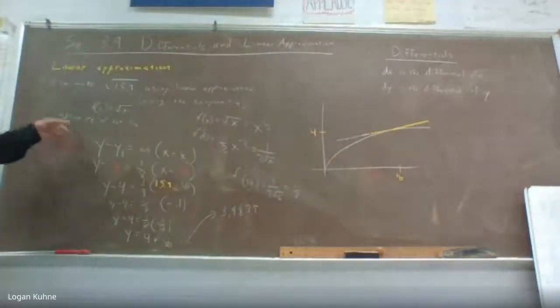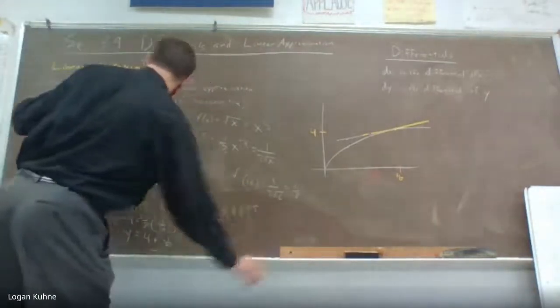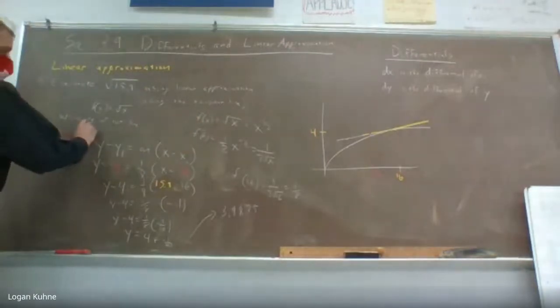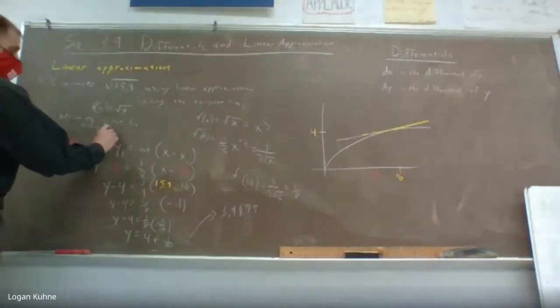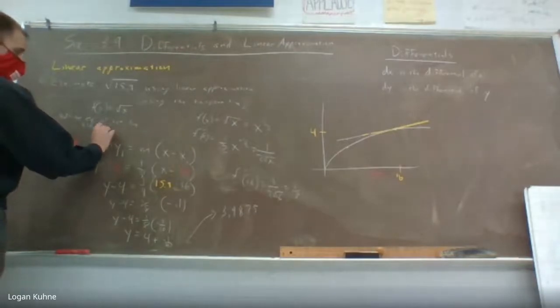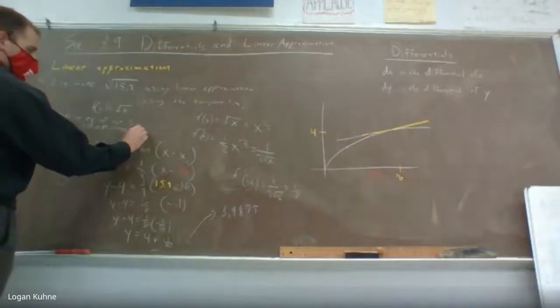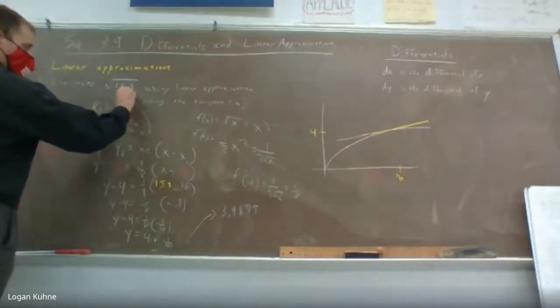So the steps for this, step 1, write the equation of a tangent line. Use a point close to, we'll call it C, whatever that number is.